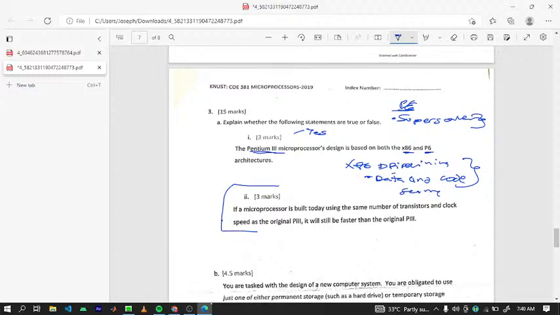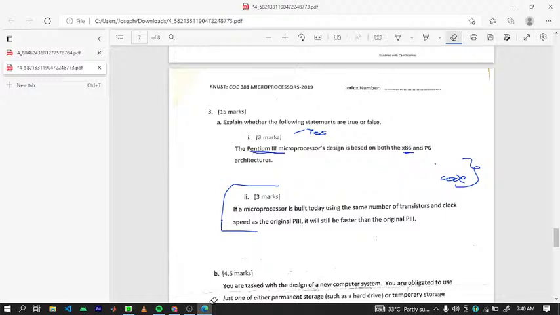So let's go again. What I said is that the way you solve this question is by first saying the answer is yes, and then saying why exactly the Pentium 3 design is based on it.